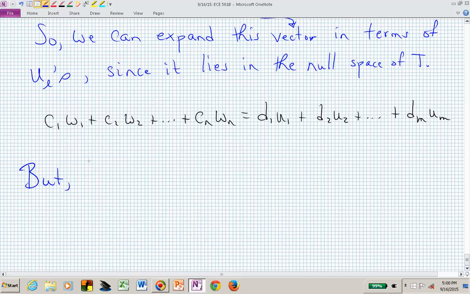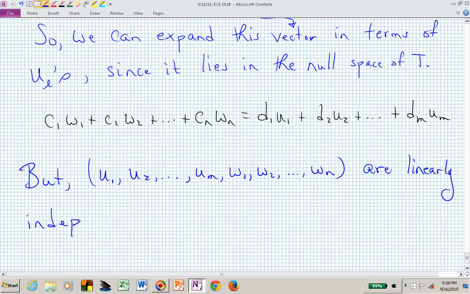But these vectors, u1, u sub 2, u sub m, w1, w sub 2, w sub n, are linearly independent by the way that they were built, by construction, by design.